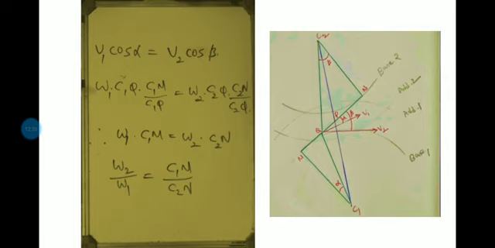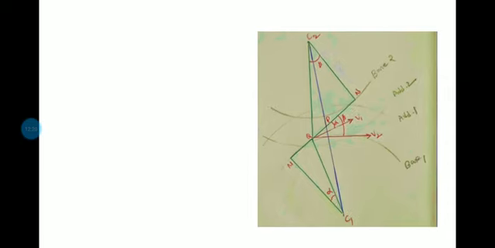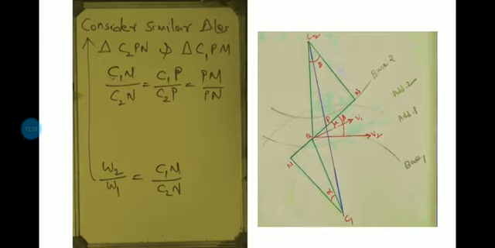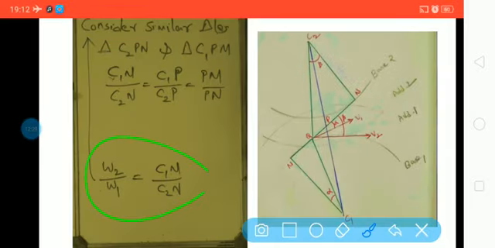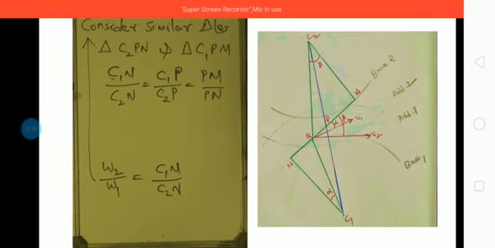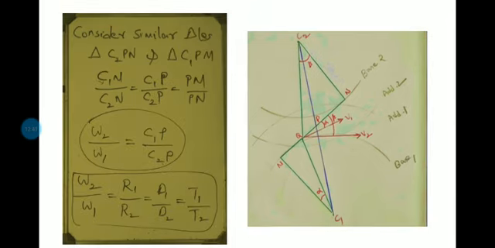So moving to the next step. Consider similar triangles C2PN and C1PM. Now we are including the pitch point also, C1MP and C2NP.